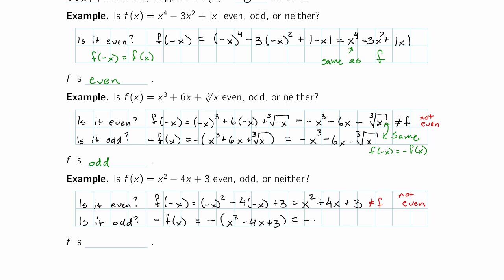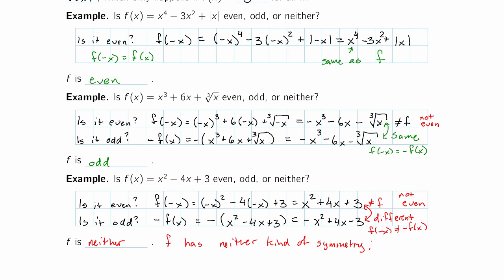That's negative x squared plus 4x minus 3. And we see that these two are different. Our f of negative x doesn't equal negative f of x either. So f of x is not even or odd. We could say f has neither kind of symmetry.